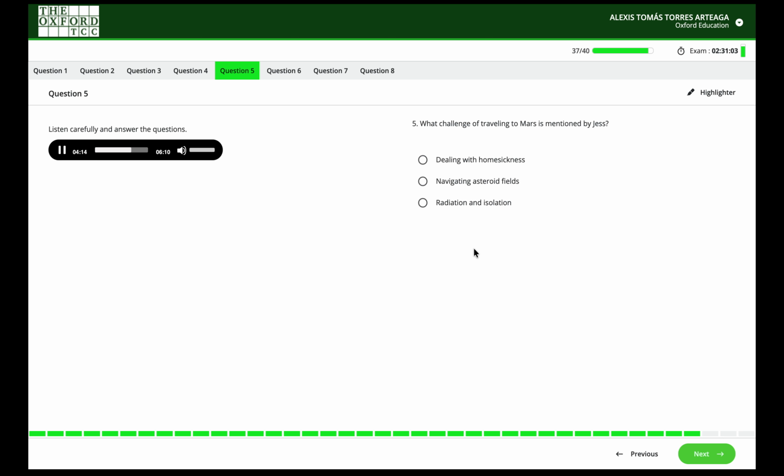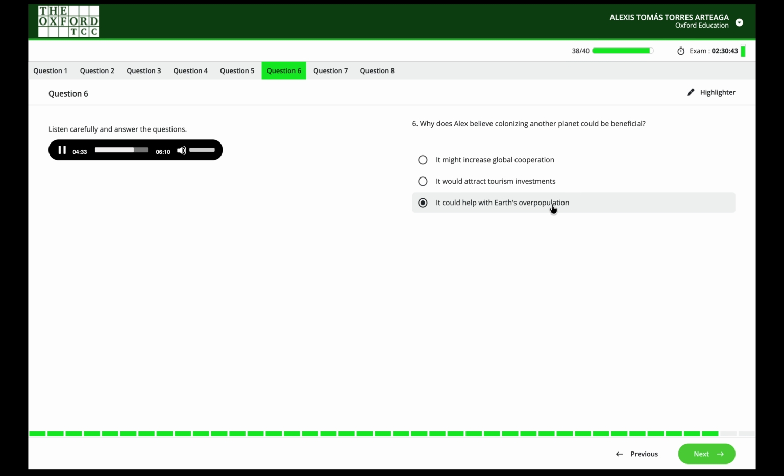Right. And there's also the issue of food and water. They're talking about growing food in space and finding ways to recycle water. But I imagine it will take years to make that sustainable.